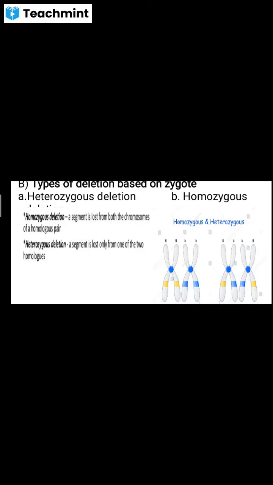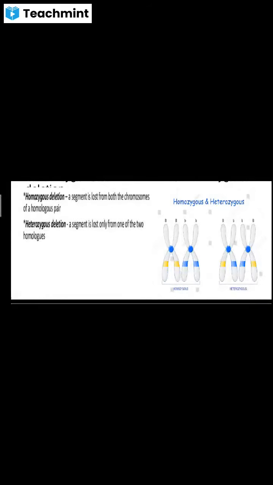Homozygous deletion means the segment is lost from both the chromosomes of a homologous pair. फर्स्ट फिगर में आप देख सकते हो जहाँ पे दो क्रोमोसोम्स नजर आएंगे, दो क्रोमोसोम्स में सेम सेगमेंट यदि डिलीट होते हैं, lost होते हैं, at that time called as homozygous deletion.